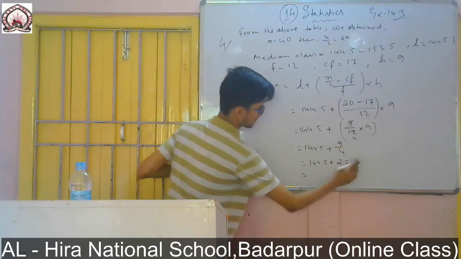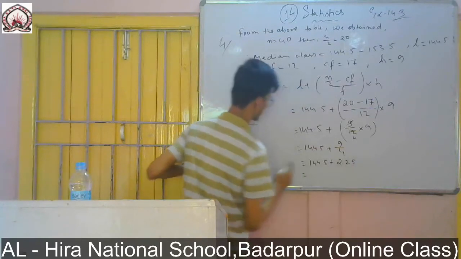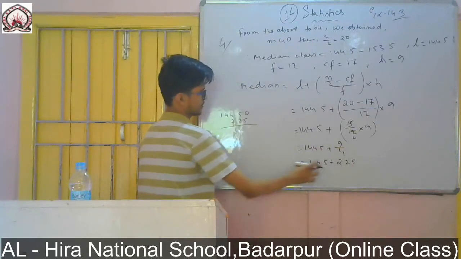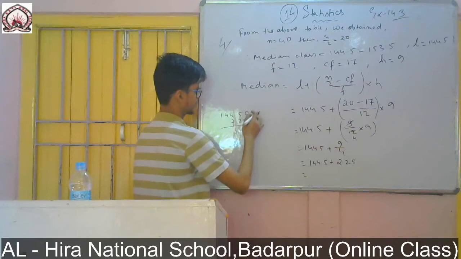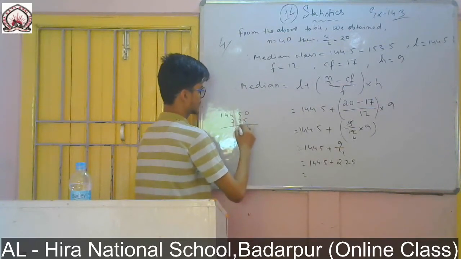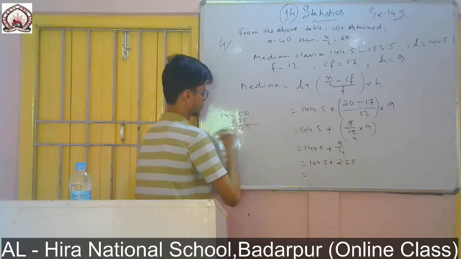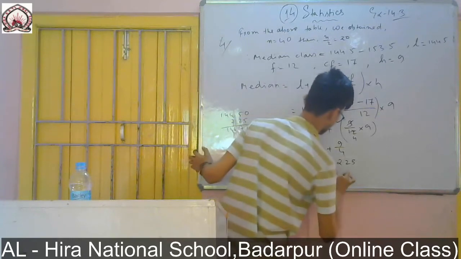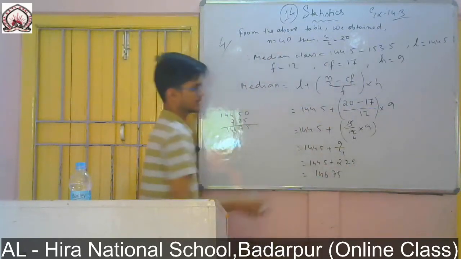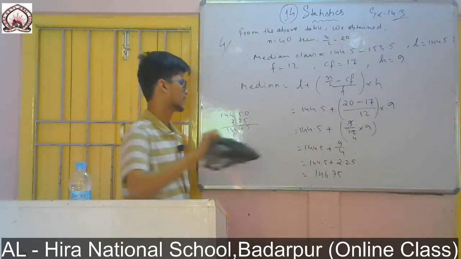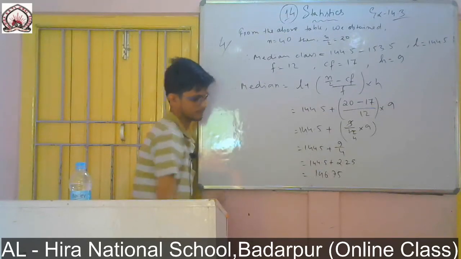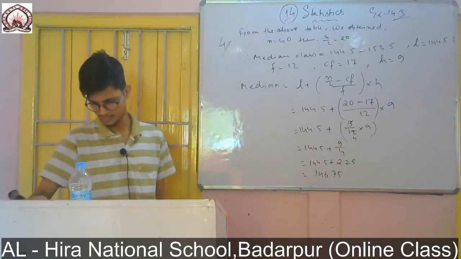There are 2 places after the decimal, so you have to add it like this. So plus 5, it will be 5, 7, 4, 1. So it will be 146.75. Don't add it directly, you may make an error while calculating. So it will be 146.75.